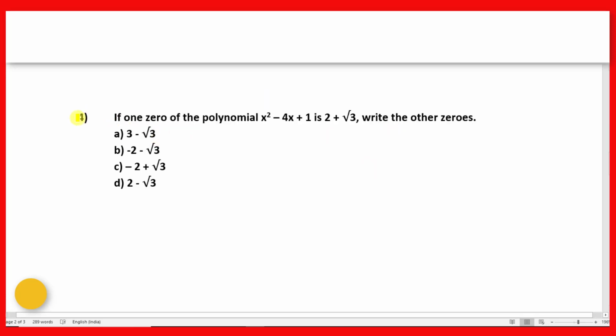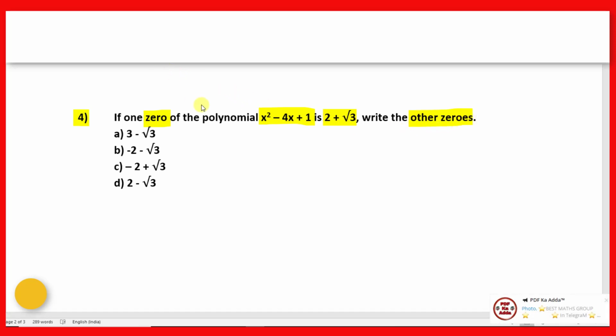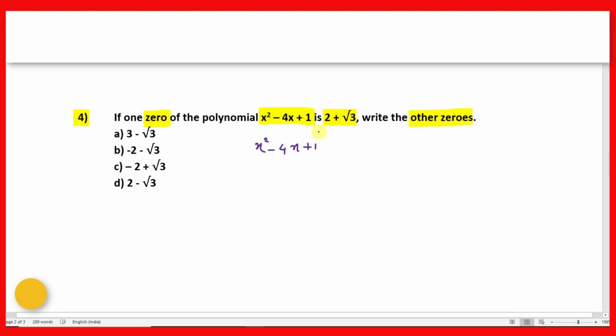The next question, question number 4, is: if one zero of the polynomial x square minus 4x plus 1 is 2 plus root 3, write the other zero. Now here, friends, it is given that the polynomial is x square minus 4x plus 1, and one root, let that be alpha, is 2 plus root 3, and the other root, let it be beta.